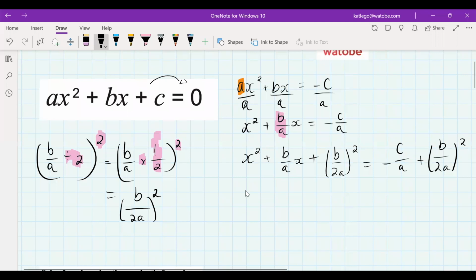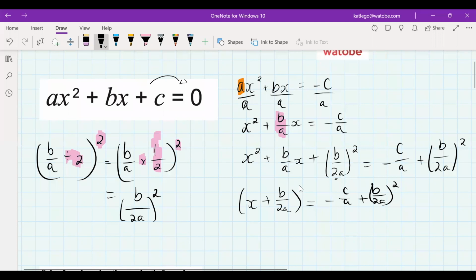Then we need our square brackets on the left. I'm still completing the square. It's going to be x plus B over 2A, we already know what goes in there, equals negative C over A plus B over 2A, squared. Nobody's reminding me to put my square.